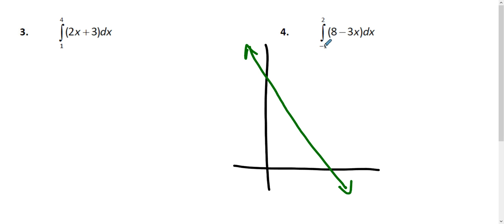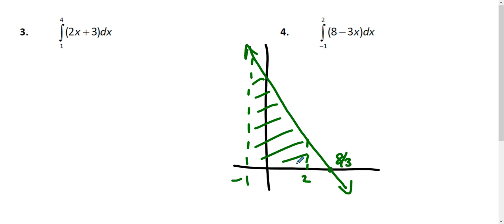We're interested in the area from -1 to 2. To be clear, this happens at 8/3, which is almost 3. So we know that 2 is over here. So the area bounded by this curve and the x-axis between -1 and 2, that's this area. That's the area of a trapezoid.